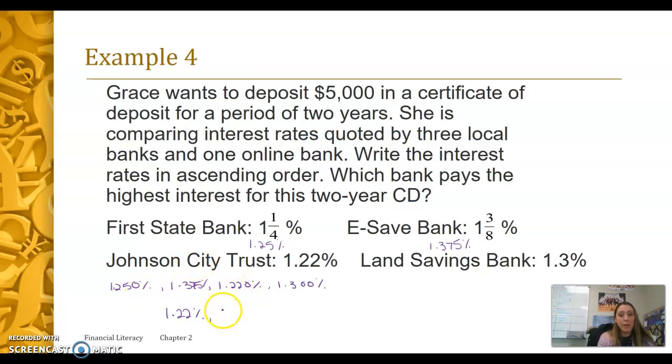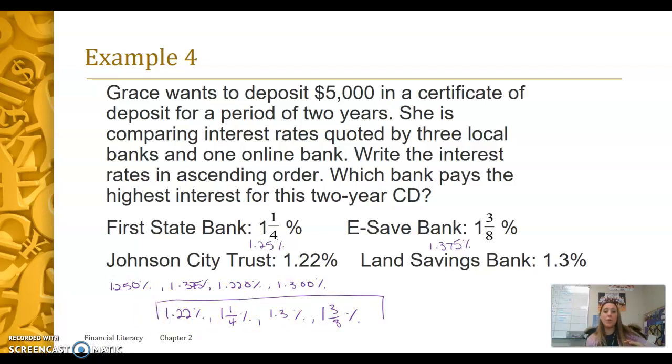So I'm going to write my answer 1 1/4%. And then my next biggest one is this Land Savings, and it was given to me as 1.3%. And then we have our E-Save Bank, which was the 1.375, but they gave it to me as a mixed number, so 1 3/8%. So this would be the answer.